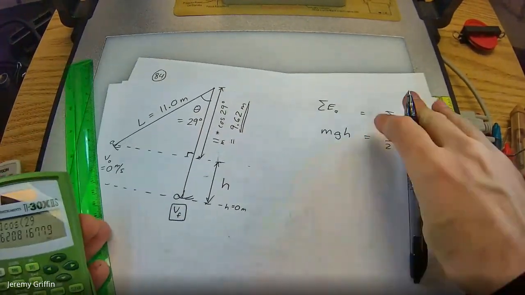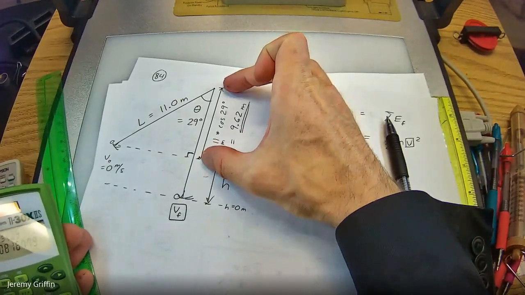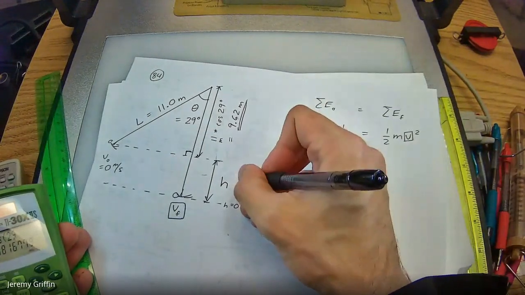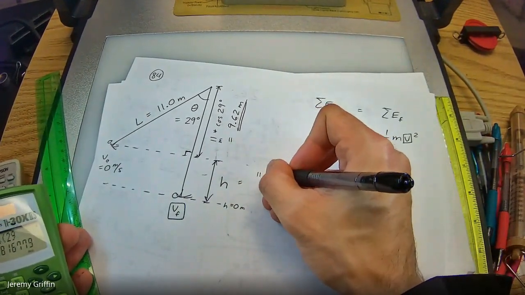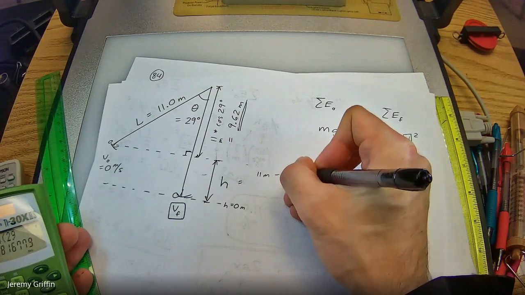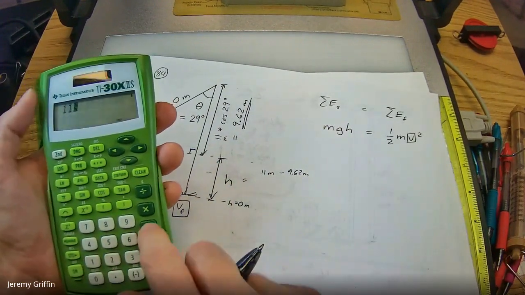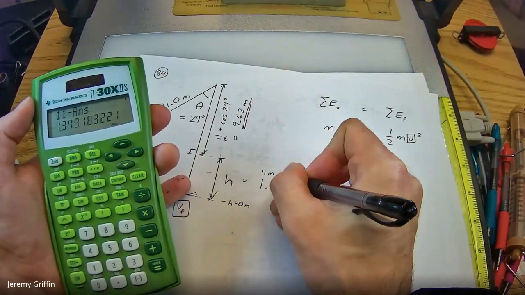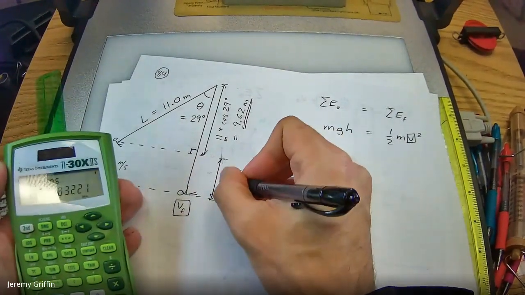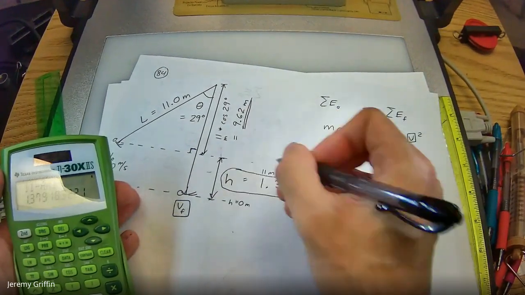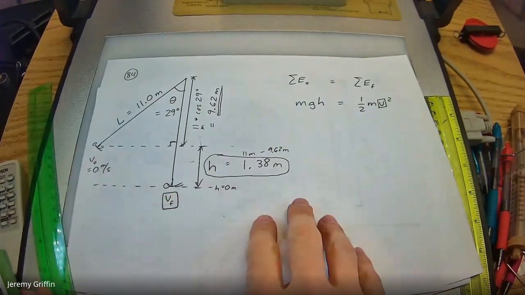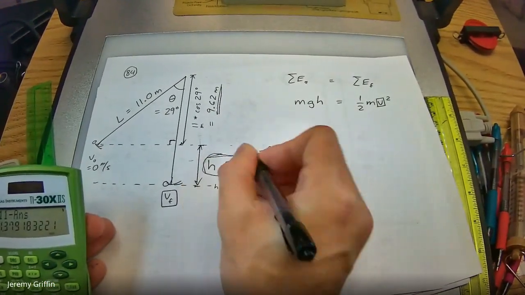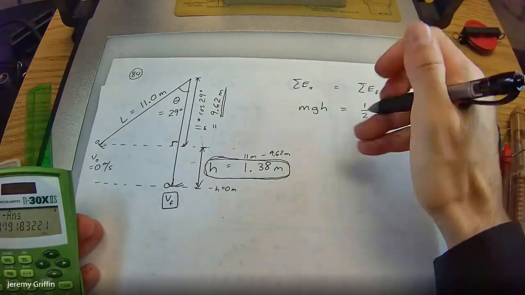Well, if that's 9.62 meters, and this full length is 11 meters, which of course is just the same line, then isn't this height 11 meters minus 9.62 meters? So what's 11 minus that? I'm looking at 1.38 meters. That's your height change from point A to point B, 1.38 meters. That's going to feed in right here.